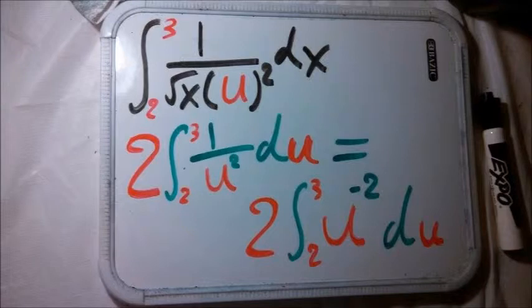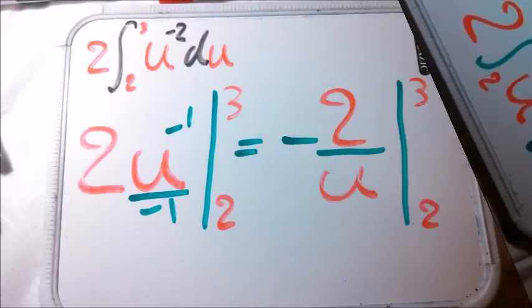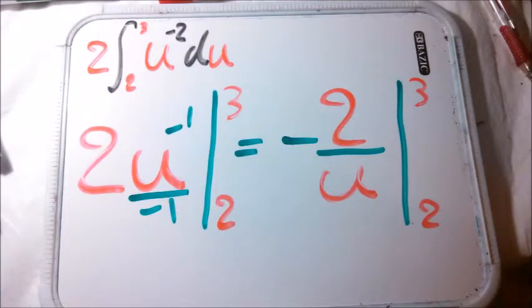After the complete substitution is done, the final product we have is 2 times the integral from 2 to 3 of u to the negative 2 du. Now all that is left to do is to integrate it like any other problem.